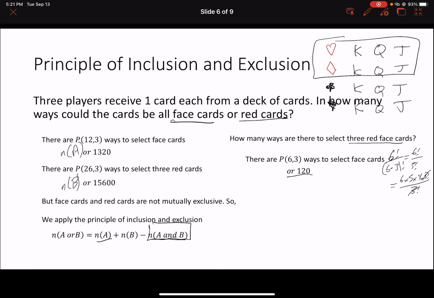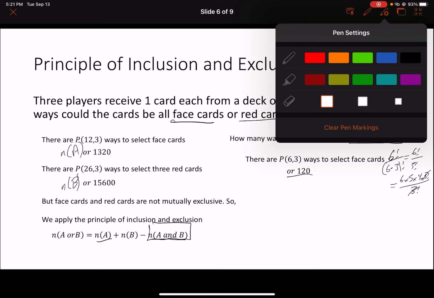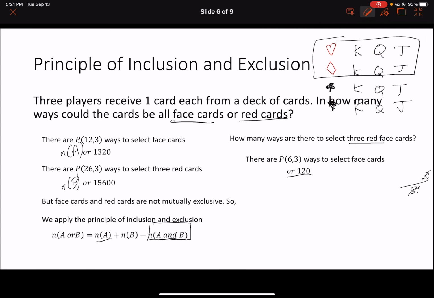Just showing you how to do the math really quick, but we don't need that for the sake of this. We just need the principle.